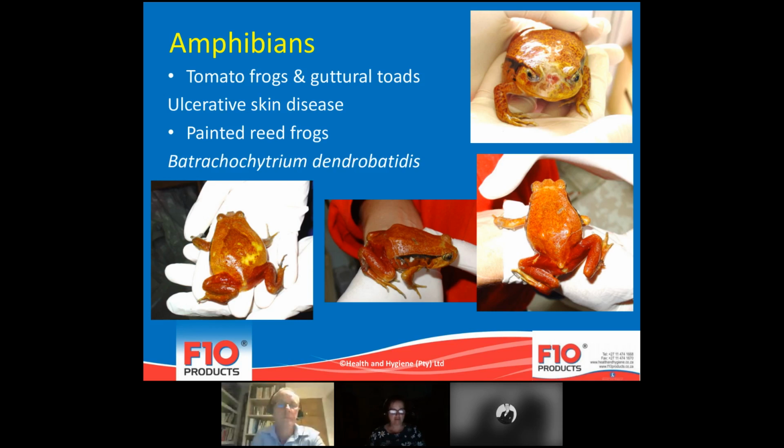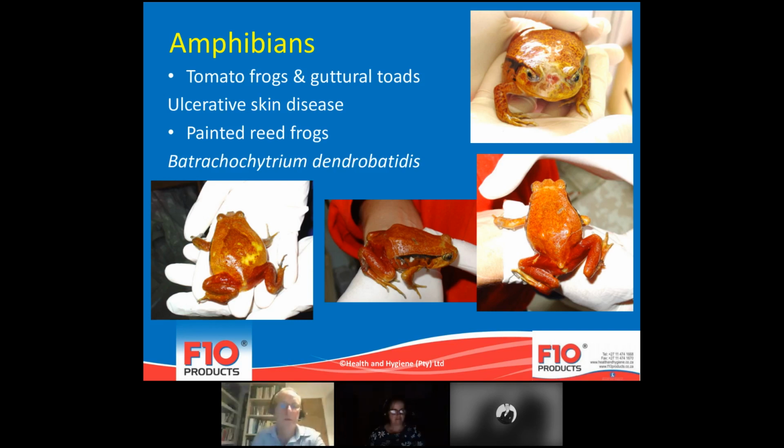They were tube fed, but we also nebulized them with F10 diluted 1 to 250 every day for 15 days as a fairly non-stressful way of treating them. Thirteen of the 21 showed clinical signs, 2 died, and the rest all survived.